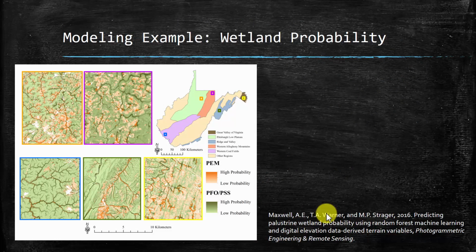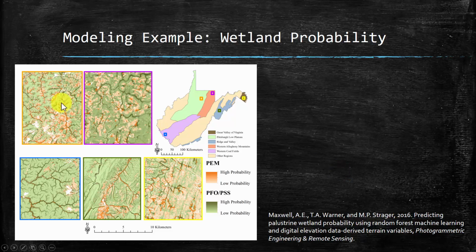This is another example where instead of trying to predict something that is categorical, we're trying to predict something that is continuous, or specifically probabilistic. So in the case of a probabilistic prediction, your goal isn't really so much to say this is one thing or another, it is to say what the likelihood of it being a certain thing is. This is from a manuscript I worked on a few years ago, where we were trying to predict the likelihood of a location being a wetland just based on terrain characteristics.